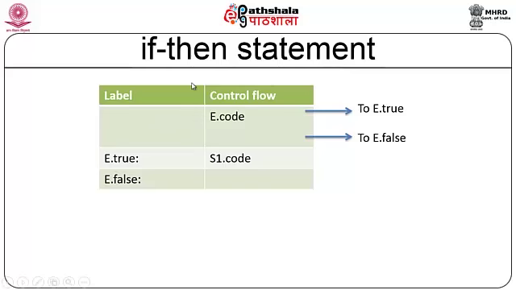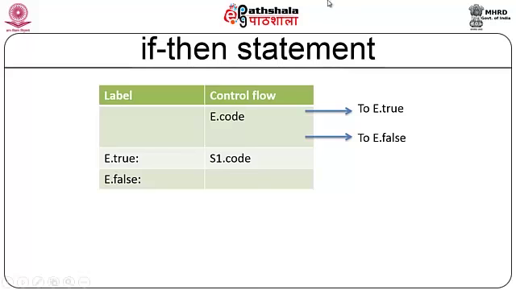Now, this is what we are trying to look at. First, you have your grammar as if expression then statement. So, what should be done first? The expression E should be evaluated first. Now, this expression evaluation is done using the earlier already discussed syntax directed definition rule. This expression ultimately evaluates to two values, either true or false.